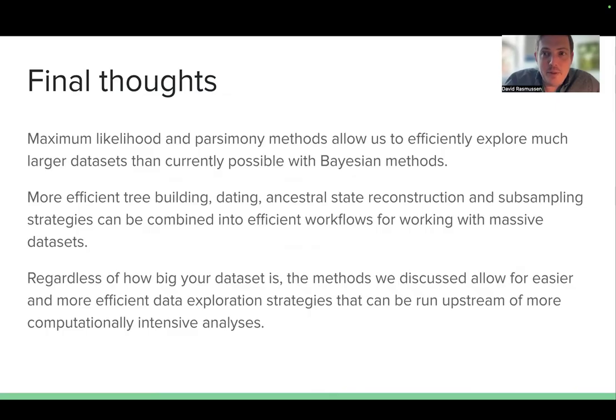So you might want to build a maximum likelihood tree and then do a fast phylogeographic reconstruction, just so you can get a sense of what's going on in your data set. And these more efficient computational methods allow you to do that very quickly and very nicely. And then, of course, you can always move on to more sophisticated Bayesian or other analyses to get you the publication quality results and analyses that you need.